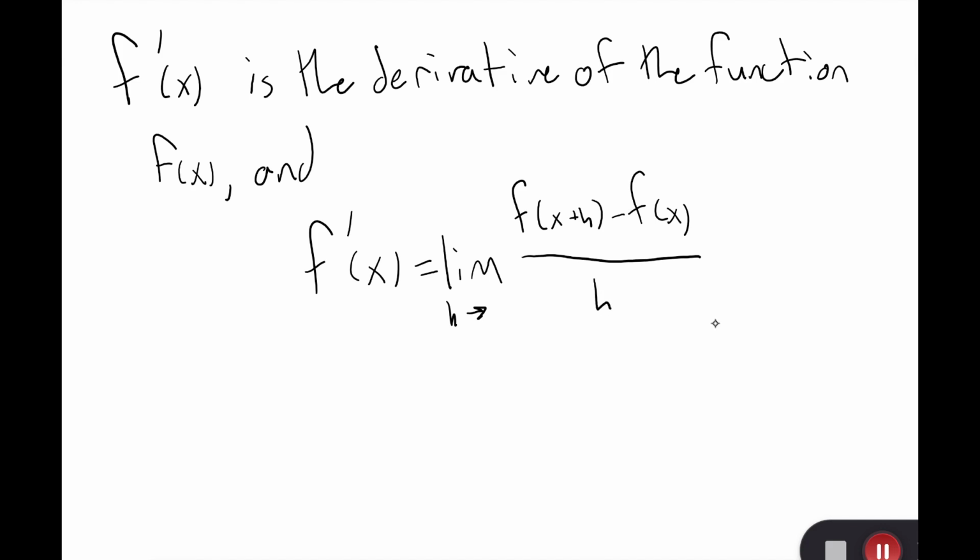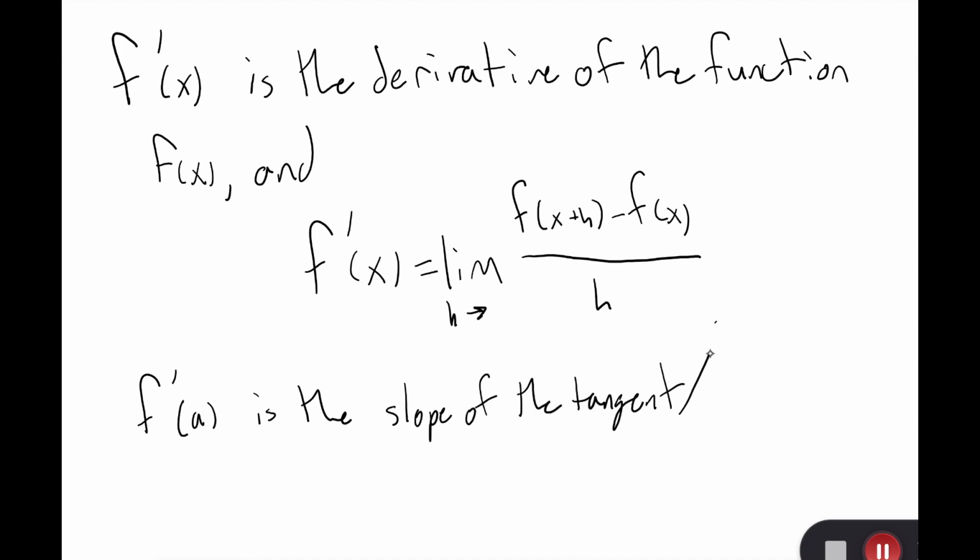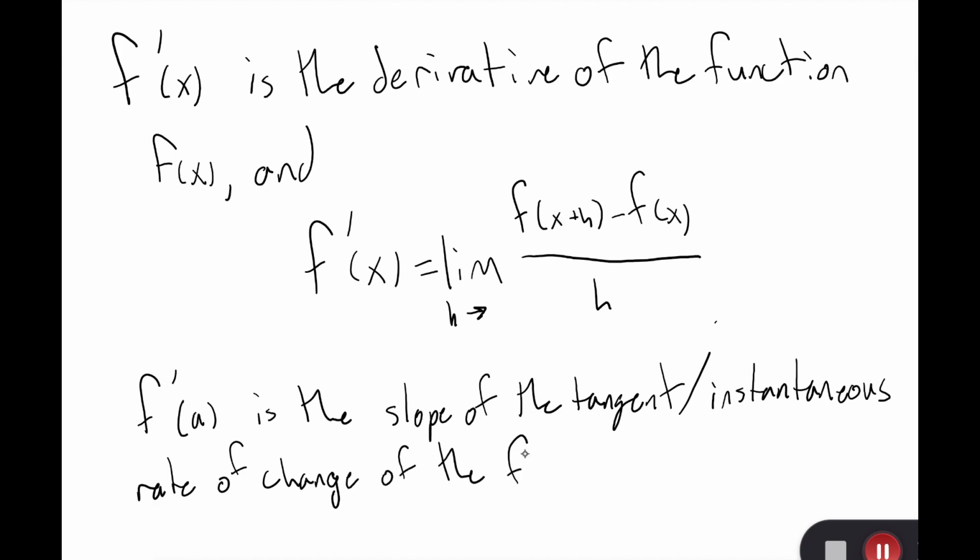Okay. And what's nice about this is f prime of a is the slope of the tangent line, or I'm going to say slash, the instantaneous rate of change of the function f at a.